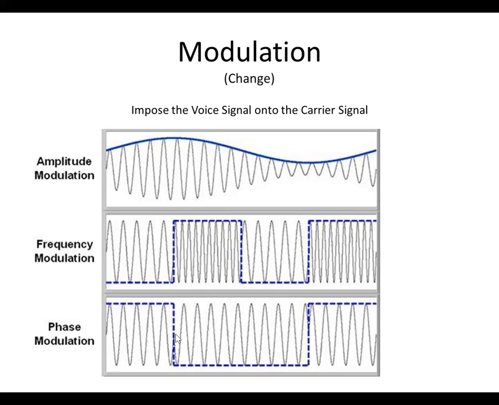But in order to detect or send a change in the signal, say going from a 1 to 0, we reverse the phase. And that tells the receiving station, if this was a 1, this is a 0. And we can modulate the phase to transmit that information.